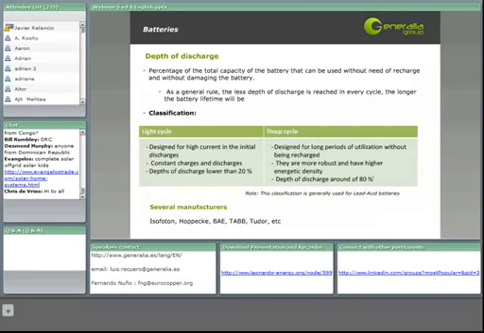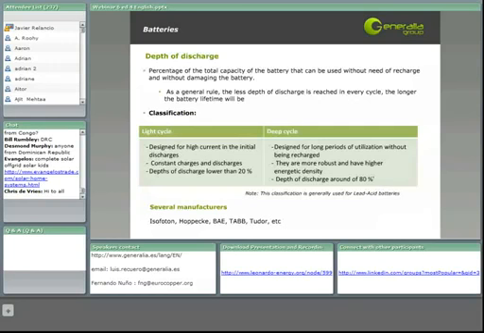Also, as a general rule, the lower the depth of discharge reached in every cycle, the longer the battery lifetime will be. This consideration depends, as we will see, on the type of battery. But, for example, if we keep our battery to an average discharge rate of 10%, it can last double the years than if we consider a discharge rate of 20%.